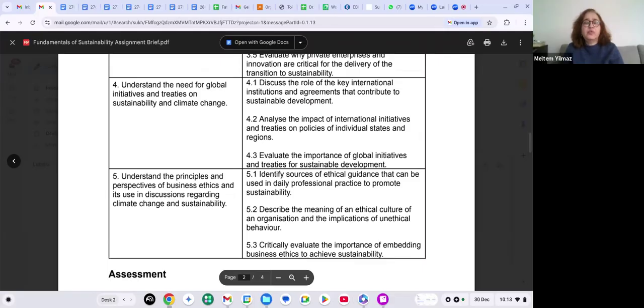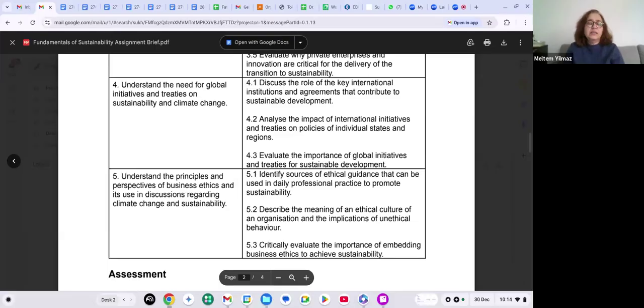In this part, there were 3 sub-priorities: discuss the role of the key international institutions and agreements that contribute to sustainable development; analyze the impact of international initiatives and treaties on the policies of individual states and regions; and finally, evaluate the evolution of the importance of global initiatives and treaties for sustainable development.